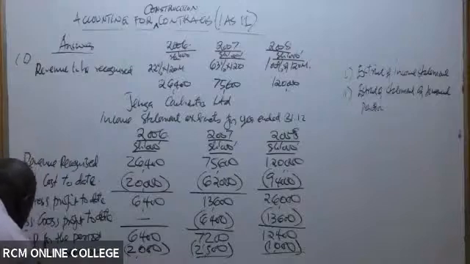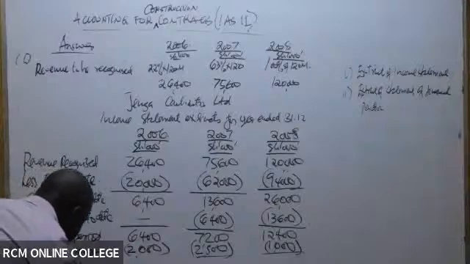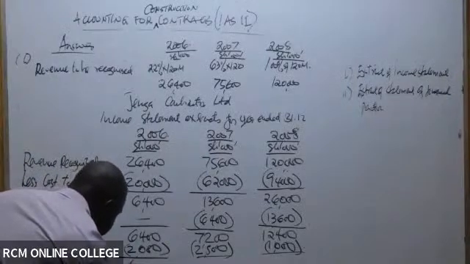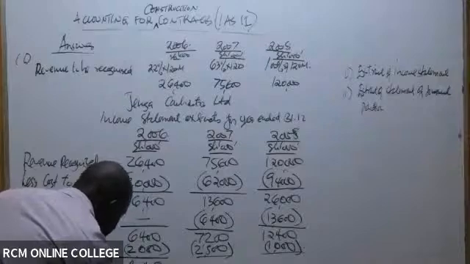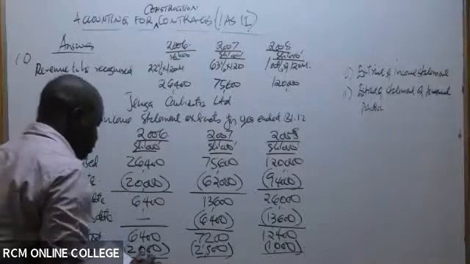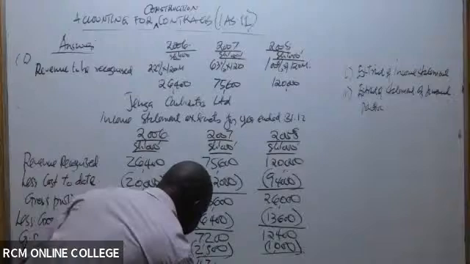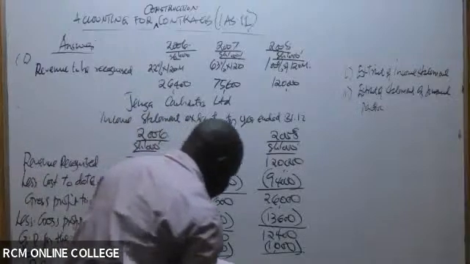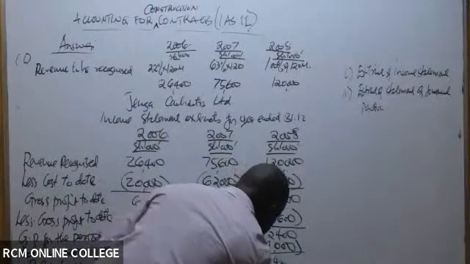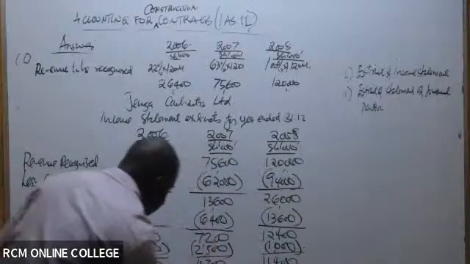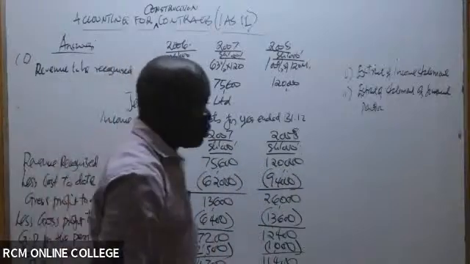So the profit for the year, the last figure you'll be able to get here is profit for the year. This one is 4.4 million. This one is 4.7 million. And the last item there is 11,400,000. So that is the profit for the year for this particular contractor.